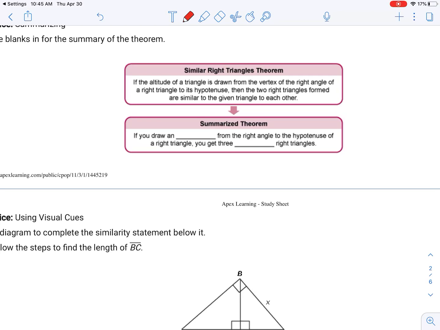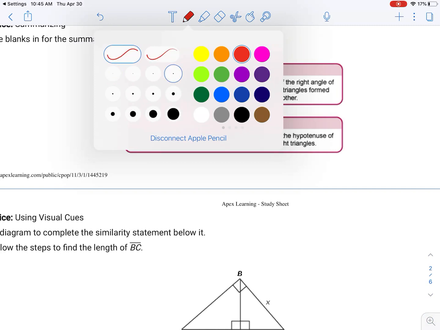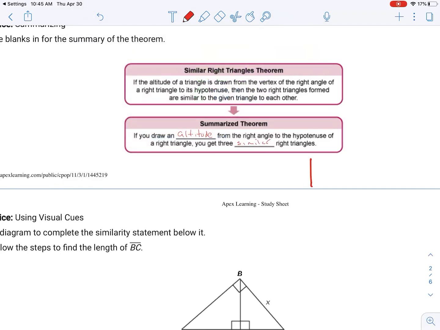Okay, so the summarized one will probably make a little more sense, or hopefully it did when you learned it. But if you draw an altitude from the right angle to the hypotenuse of a right triangle, you get 3 similar right triangles.